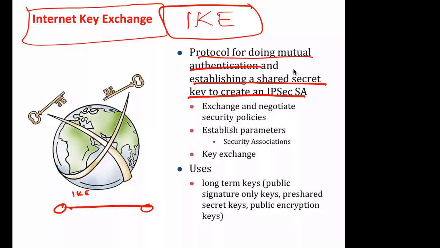Once this secret channel is established, which will provide confidentiality, etc., using Diffie-Hellman, then we can create an IPSec security association using this. That's the next step. So the idea is that we should be able to create a security association.